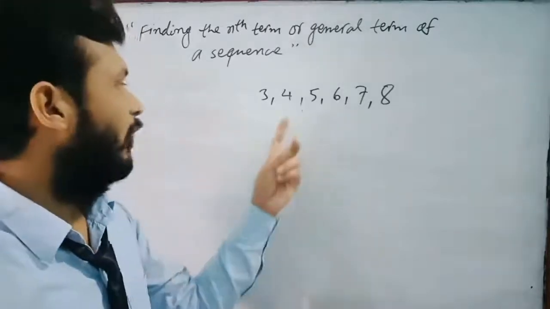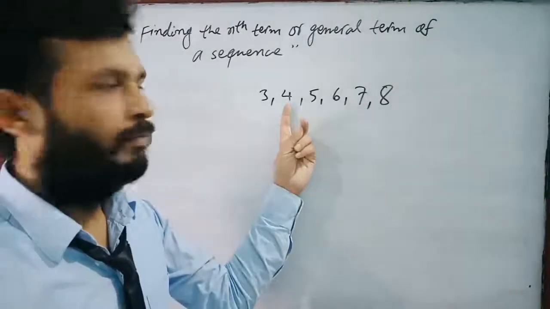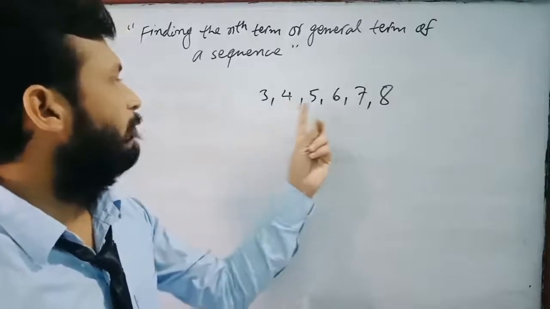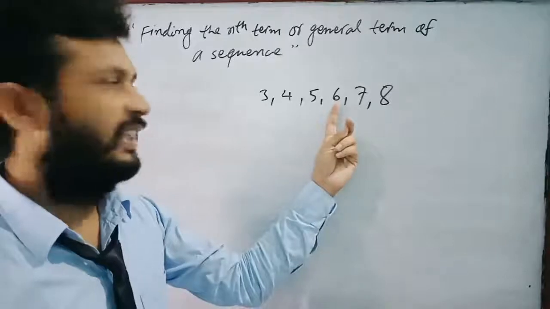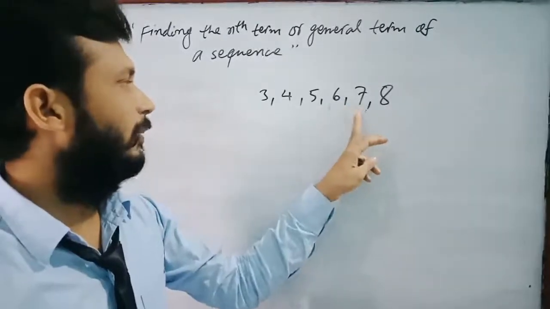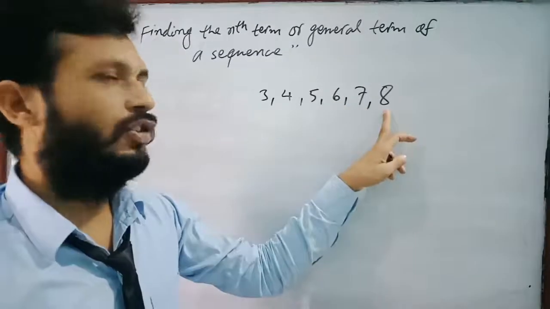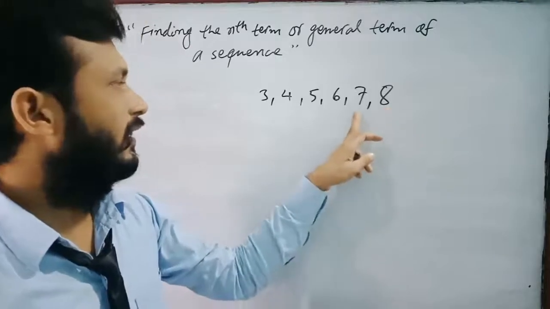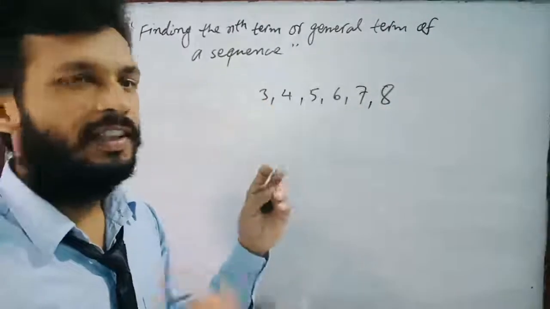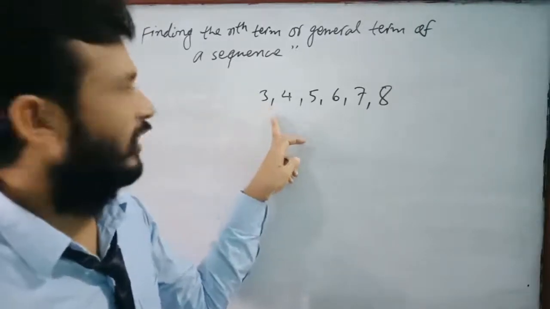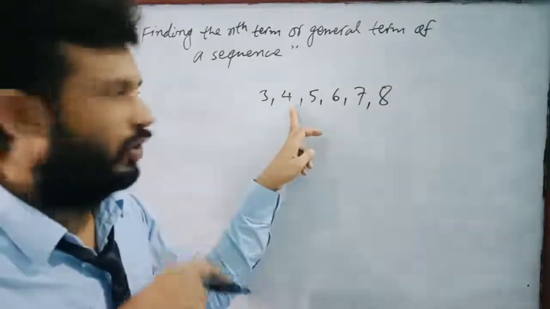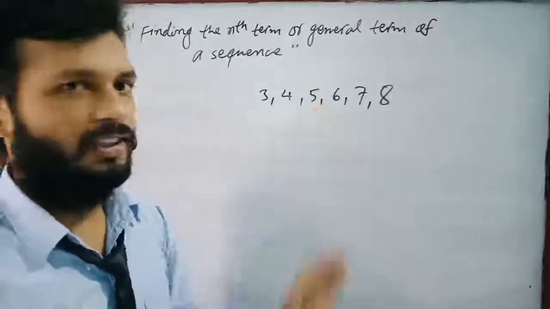You know preceding term. What is the preceding term of 4? Preceding term of 4 is 3. Preceding term of 5 is 4. Preceding term of 6 is 5. Preceding term of 7 is 6. And preceding term of 8 is 7. What is the successive term? Successive term of 3 is 4. Successive term of 4 is 5. Understood?